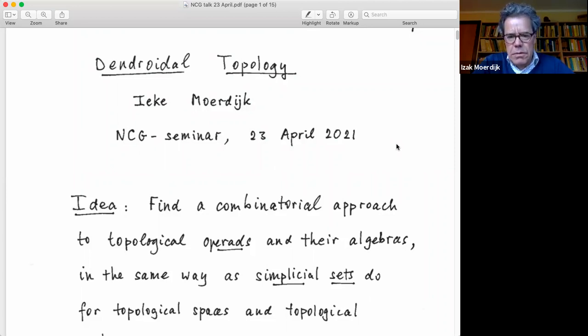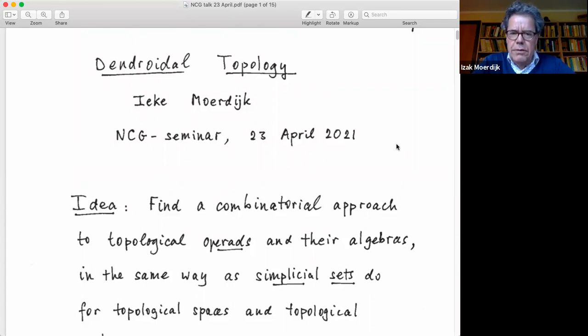So I wrote some pages, and we will go through these pages together. I wrote these pages really as a rather informal introduction for non-specialists.